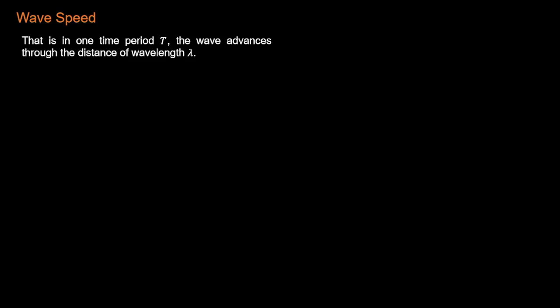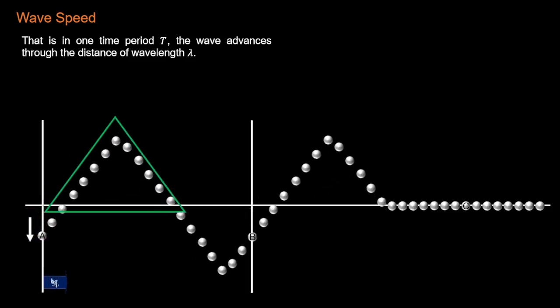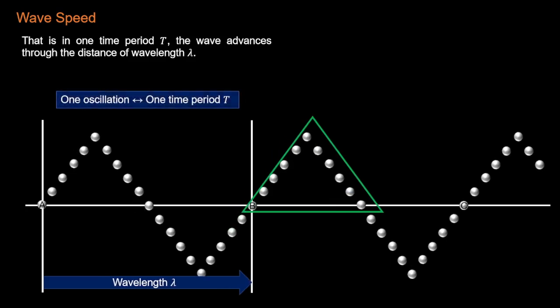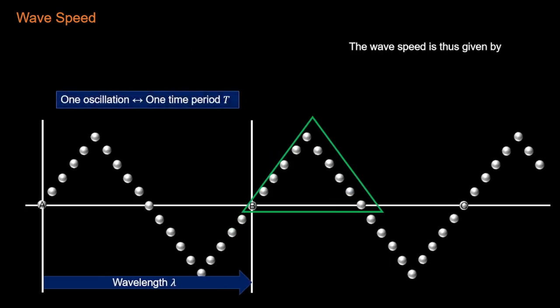That is, in one time period T, the wave advances through a distance of wavelength lambda. The wave speed is thus given by v equals lambda divided by time period.